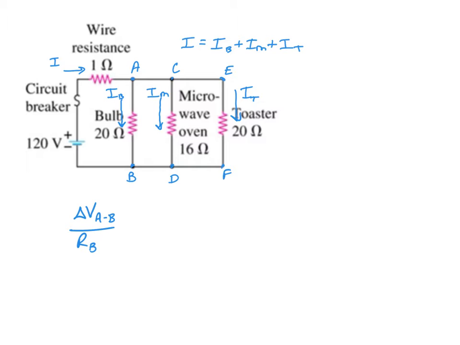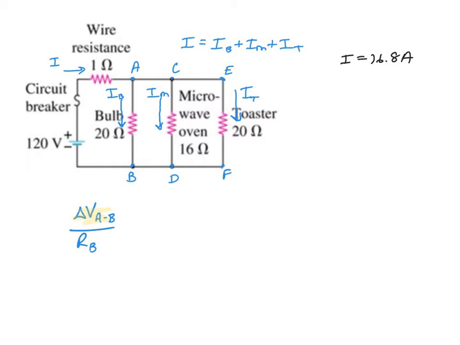The thing you don't know initially is what the potential difference is across there, but we've already solved for the current, that I was equal to, I think, 16.8 amps. I can't remember if it was 16.2 or 16.8.